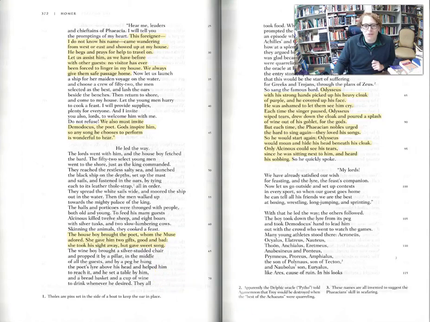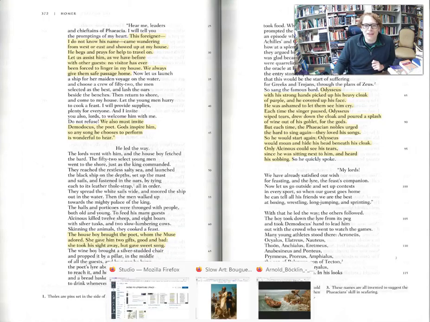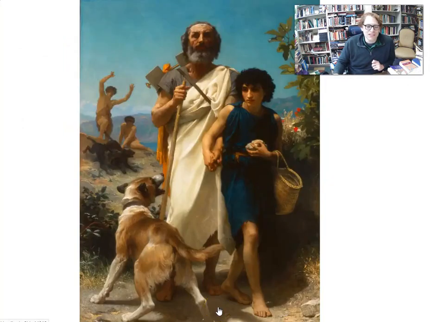I'm going to pause for just a moment, and I want to share with you an image that's quite famous. This is a painting by an artist named William Adolphe Bouguereau, painted in 1874. You can see this is a painting of Homer, and he's blind, but notice how he holds his chin up, right?